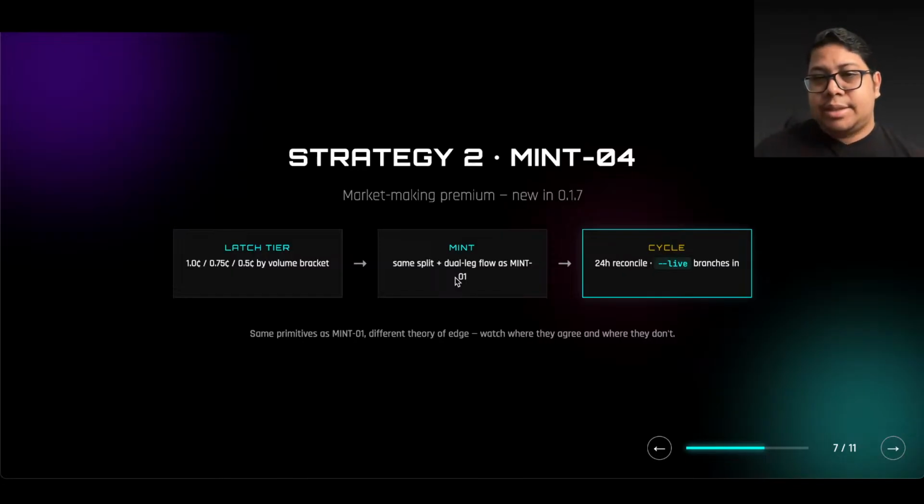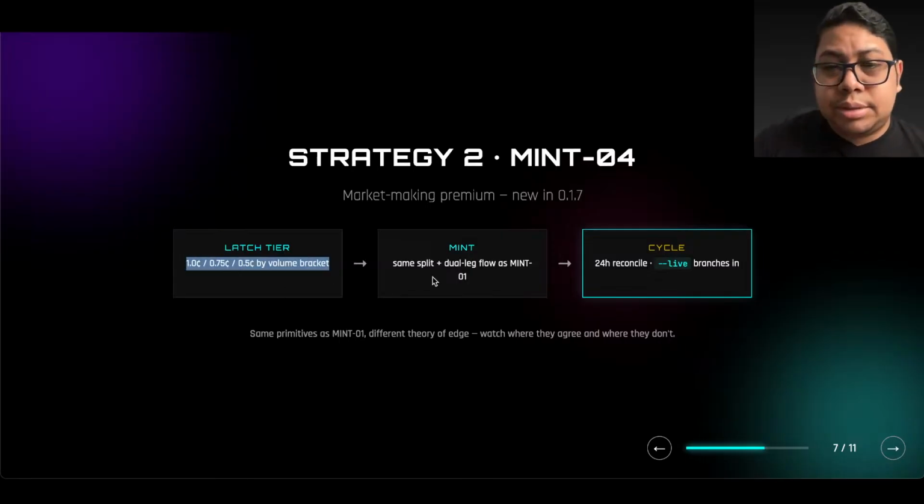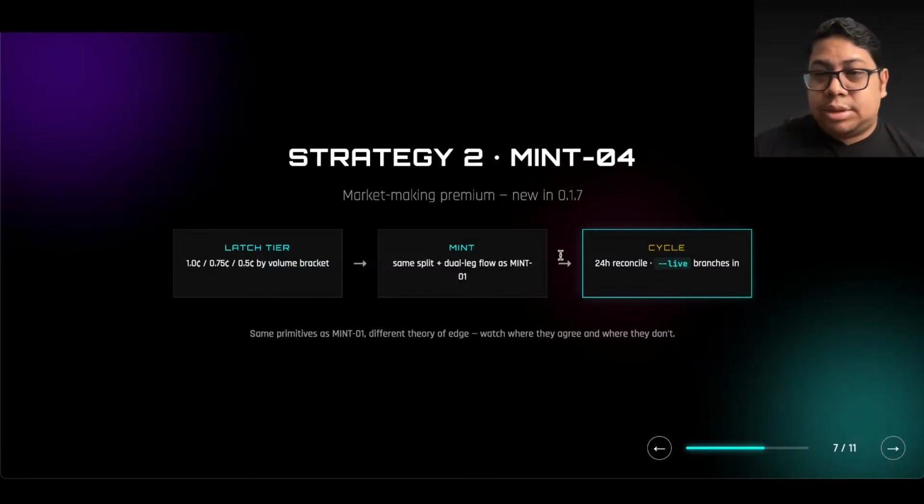Then you have the legs, and to those legs it is going to apply these offsets of intended selling price. And yeah, same behavior. In 24 hours, it can reconcile if no movement is present. And once again, it's going to have the stop loss and everything, right?